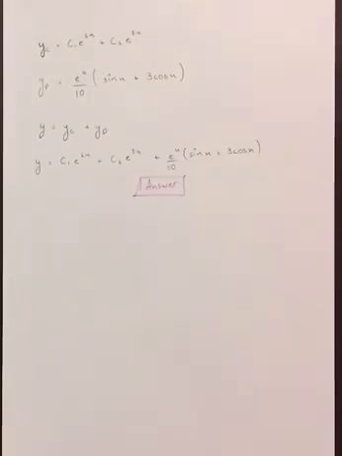The answer is y is equal to c1 e^2x plus c2 e^3x plus e^x upon 10 into (sine x plus 3 cos x). And this is how you solve an equation when the case is f(D) is equal to e^mx times v, where v could be an algebraic function or a sine or cos function.